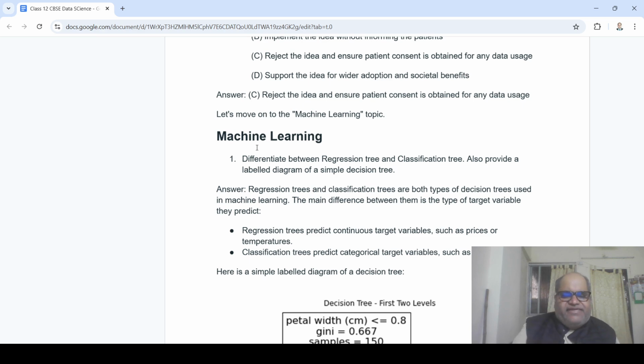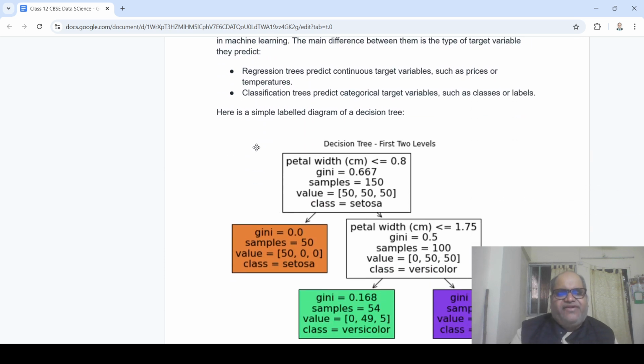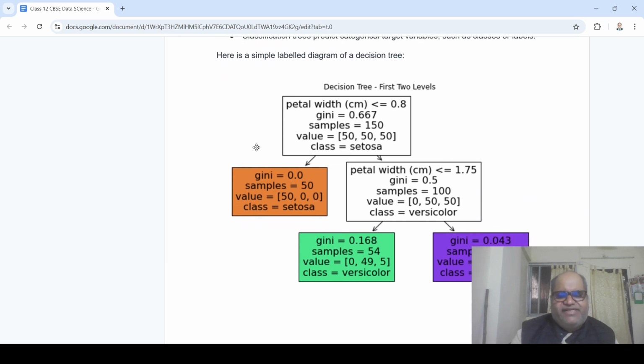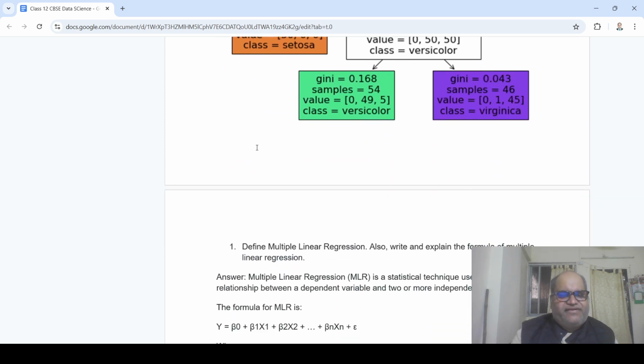If it is a categorical variable, then you use a classification tree. You can use this example for the decision tree. This is from your iris dataset, and we are showing that if you use petal width, then it is less than this or greater than this. Across these samples, you find out the Gini, and you can take the rest of the things from there.